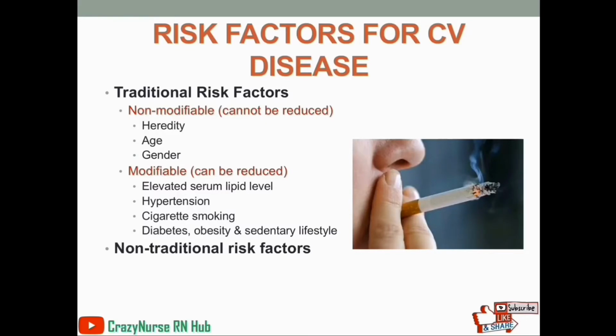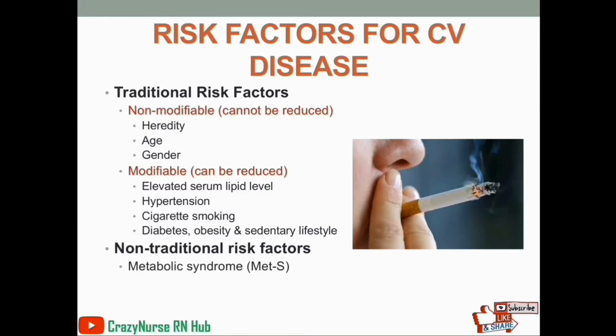Next, we have your non-traditional risk factors. Other emerging modifiable risk factors that may influence cardiovascular functions include, first, the presence of metabolic syndrome. It is a cluster of cardiovascular risk factors that increase the incidence of cardiovascular disease.